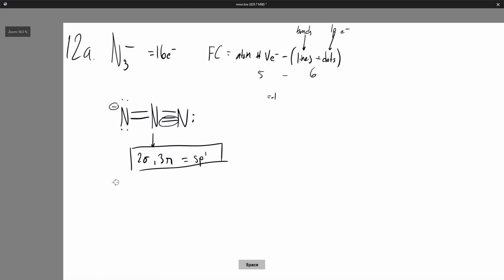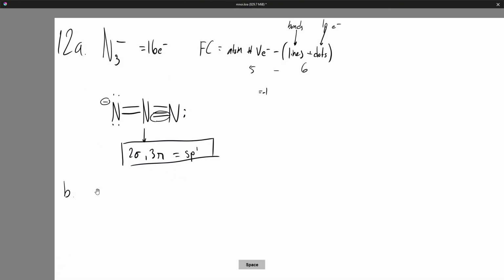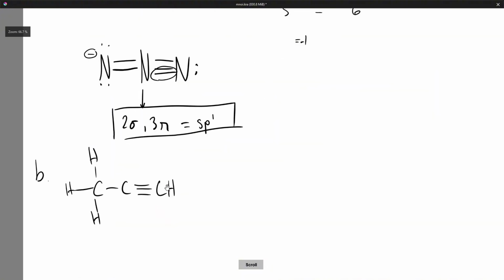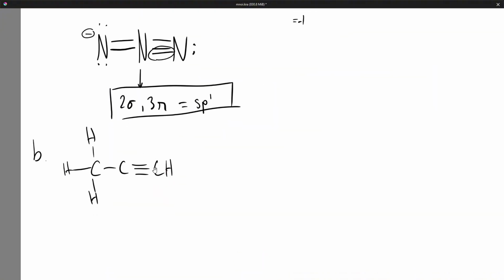Okay, now for B, it's CH3CCH. So first, let's draw the Lewis dot structure. So CH3, C triple bond CH. This probably has a name to it, but I don't remember it off the top of my head.